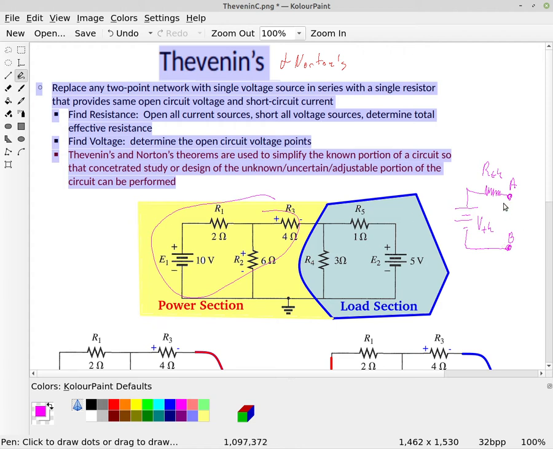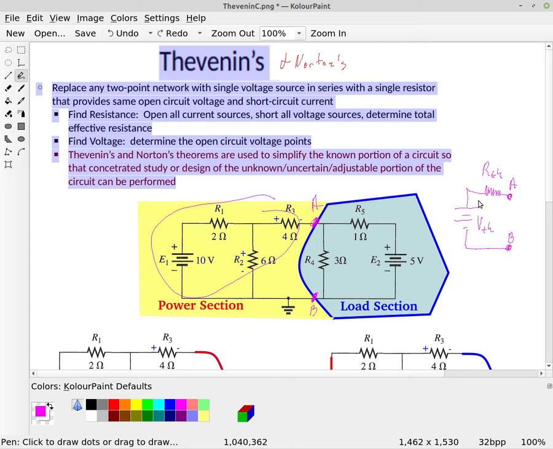And if that's true, it's going to be the same for any circuit here. So if we break the circuit at 2 points, which I'm calling A and B, then we can just forget about the load section for right now and work on simplifying the power section down to this Thevenin voltage in series with the Thevenin resistance.